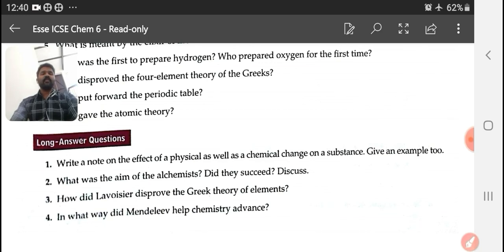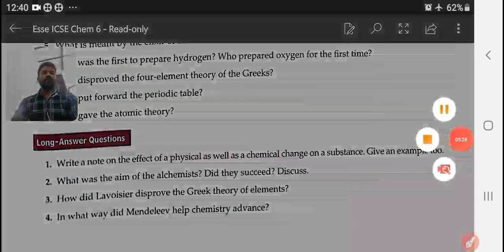Give an example too. Okay, for this answer, you go to page number 1.